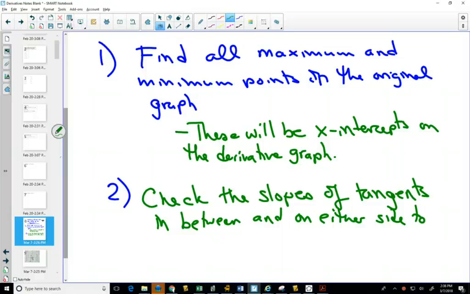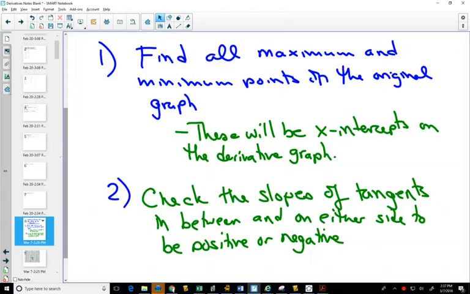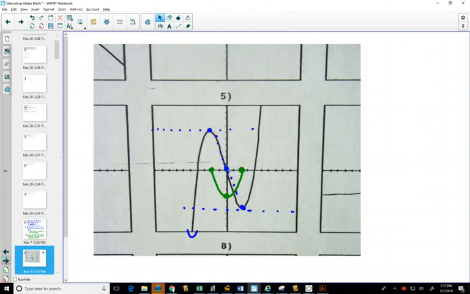And we're just checking if they are positive or negative. So going back to the one that we just did, we found out that in between, the tangents were always negative.